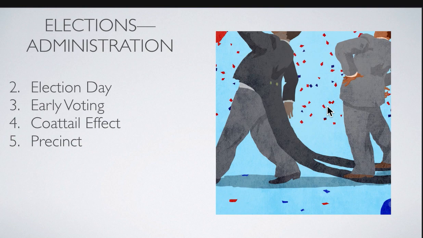Another very important aspect here is the coattail effect. When we are choosing people to represent us in the election, the coattail effect essentially occurs when the enthusiasm for one nominee or one candidate translates into support for other party members.